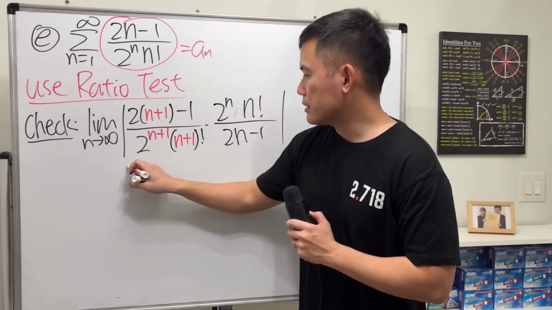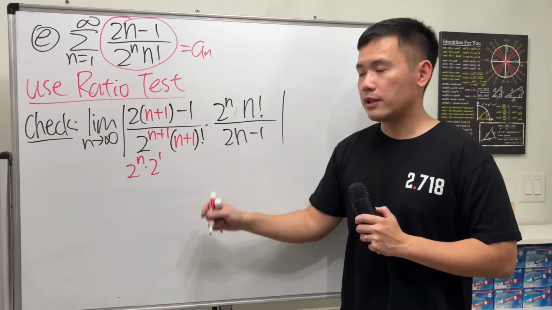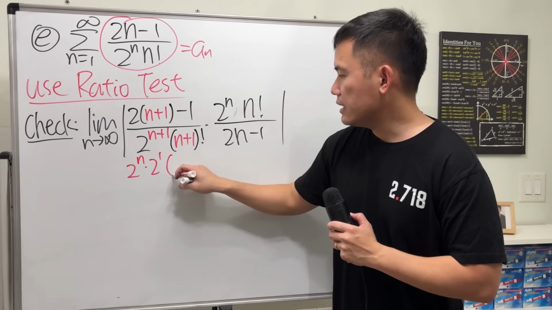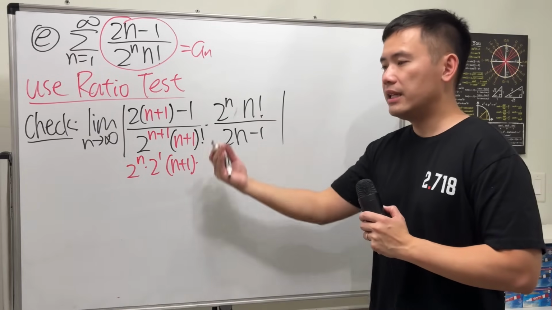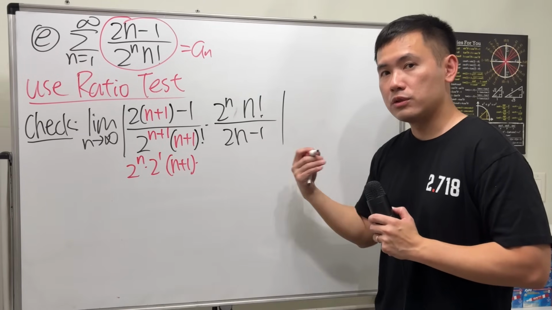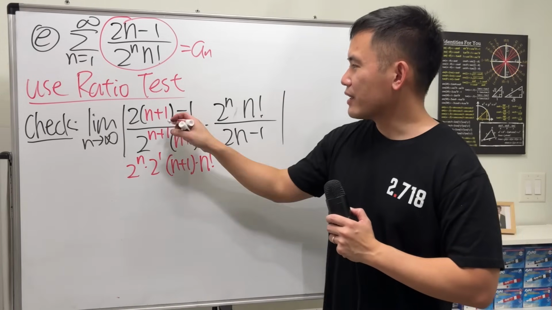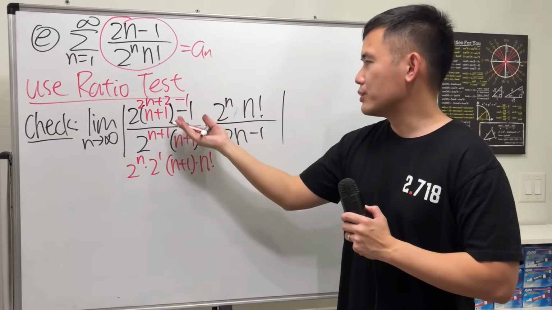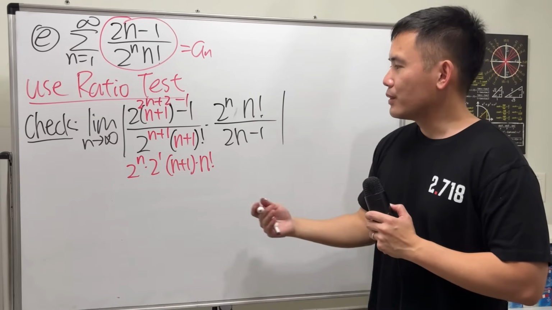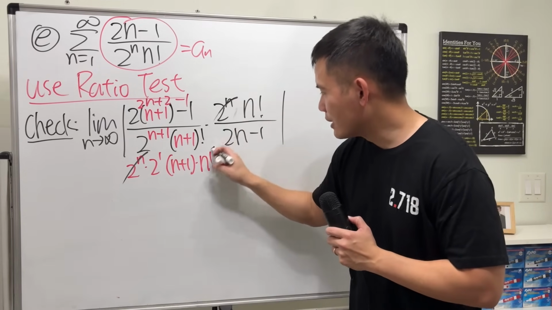Okay, break this down a little bit. This is the same as 2 to the n times 2 to the first, and break down the (n plus 1) factorial. You first get n plus 1, and then the next number is n, and then n minus 1, and so on, which is just n factorial. And for the top, this is 2n plus 2 minus 1, which is just 2n plus 1. Okay, I'll put that down later. Here, cancel, cancel, cancel.